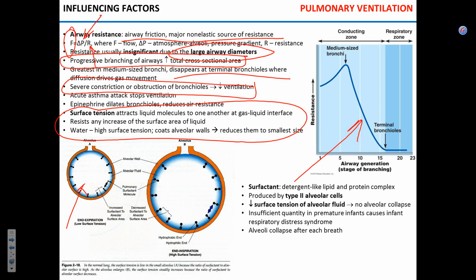Now, can we reduce the surface tension? Yes, we add surfactant. So when you blow a soap bubble, you add soap, that's surfactant. Does that make sense? Do you understand what I'm saying?